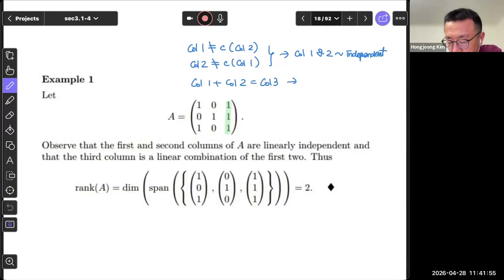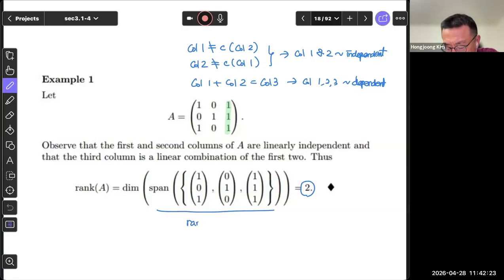So if I consider all three columns, they are linearly dependent. So the maximum number of linearly independent columns in A matrix will be 2. So this 2 is the dimension of the range of this mapping, L sub A.